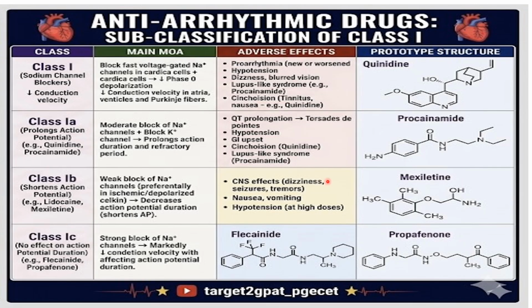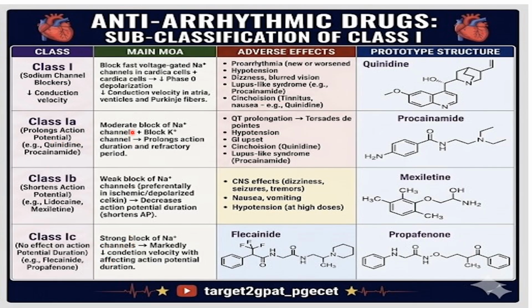The prototype drug chosen is mexiletine, and the drug structure is shown here very clearly. They are preferentially used in ischemic conditions, and they have weak blockade of sodium channels, not much.